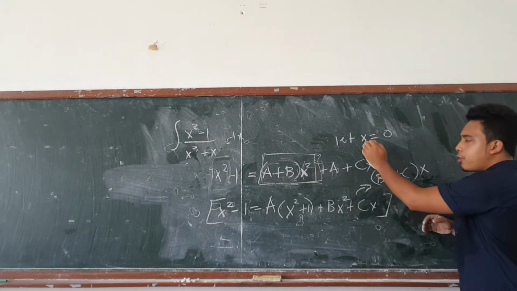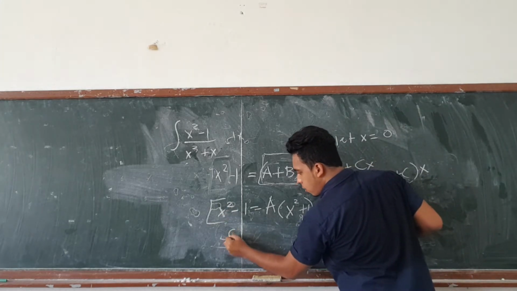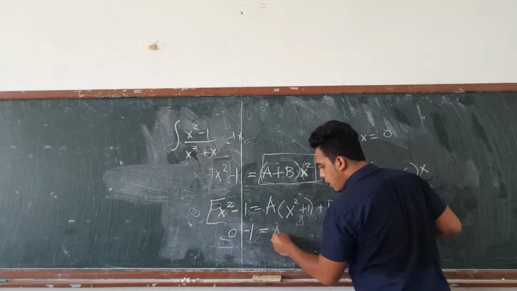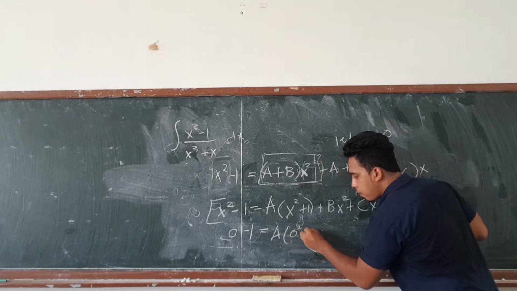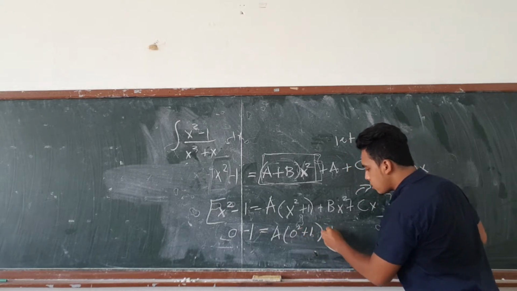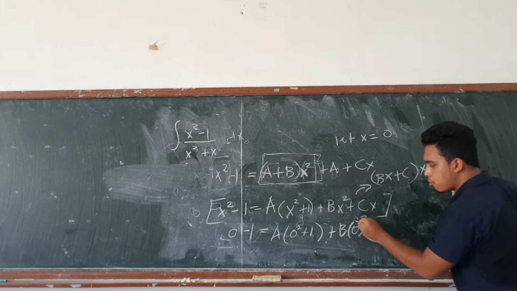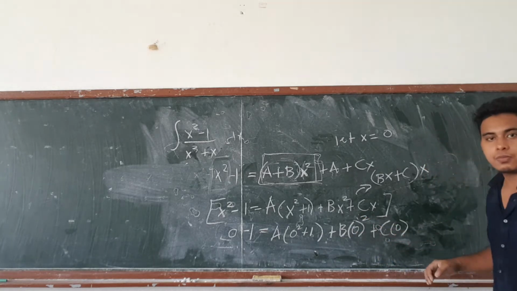So if our x value is 0, then x squared is equal to 0. 0 minus 1 equals a times the quantity of 0 squared plus 1, plus b times 0, or the quantity of 0 squared, plus c times 0.